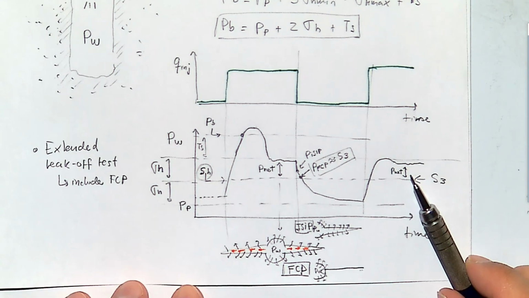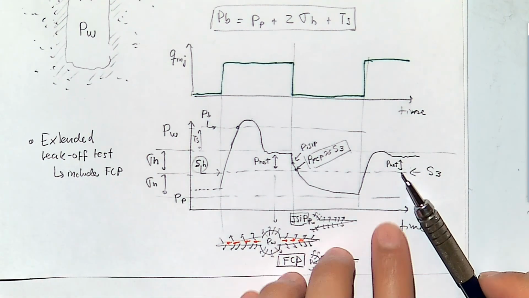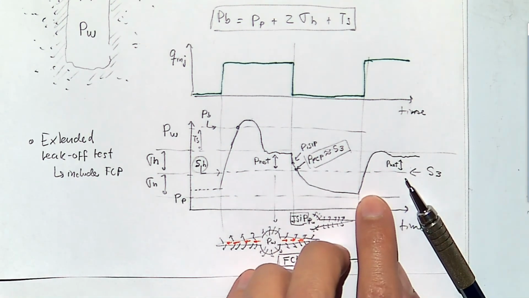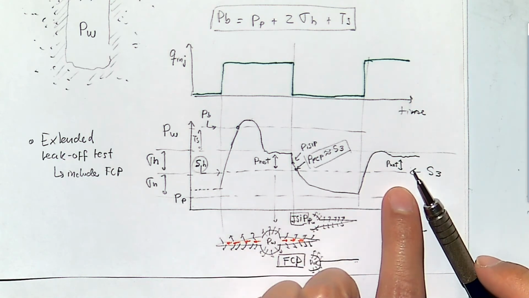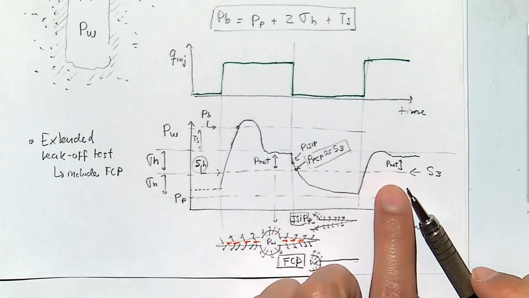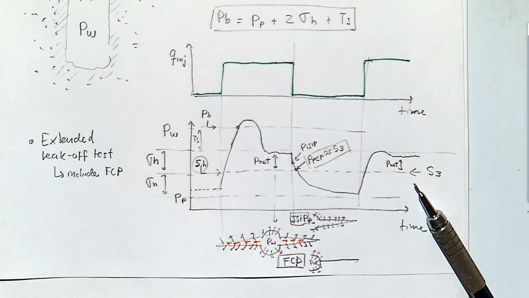All right, so something that we're going to answer later on is what this value is. What is net pressure? And that's going to depend on many things. Principally, it's going to depend on the shape of the fracture, on the stiffness of the rock.